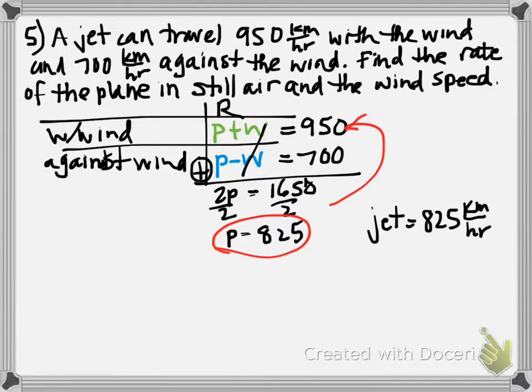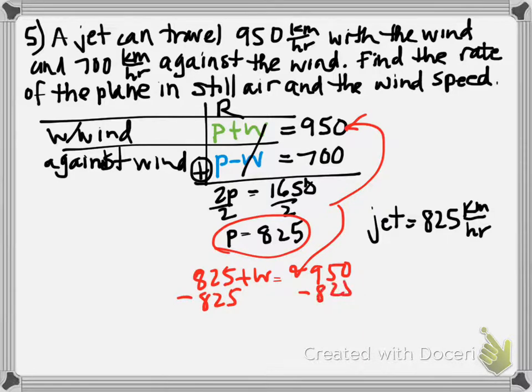To figure out the wind speed, I'm going to take this number and plug it into either original equation. So I get 825 plus W equals 950. Subtract 825 from both sides. Do a little renaming. And we get the wind is 125 kilometers per hour.